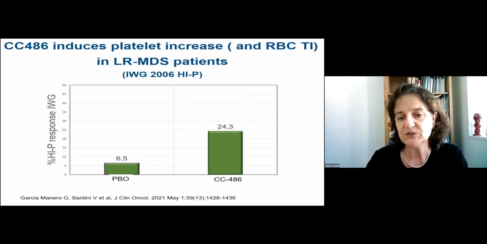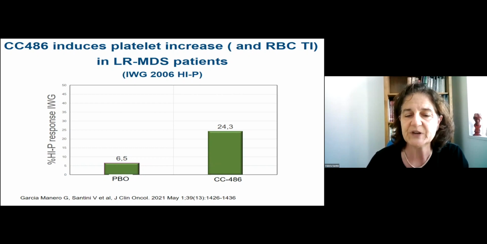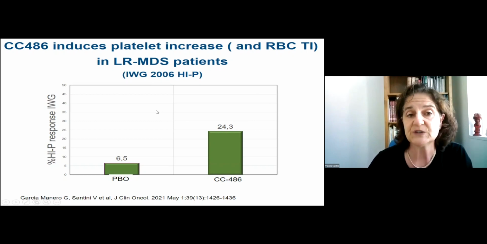The response in terms of platelet hematological improvement was near 25% for patients receiving CC486. So indeed, a successful treatment that can be considered for patients with lower risk MDS and thrombocytopenia.